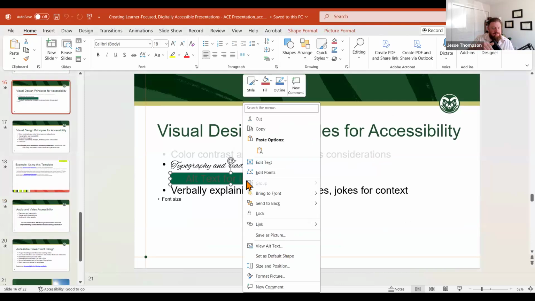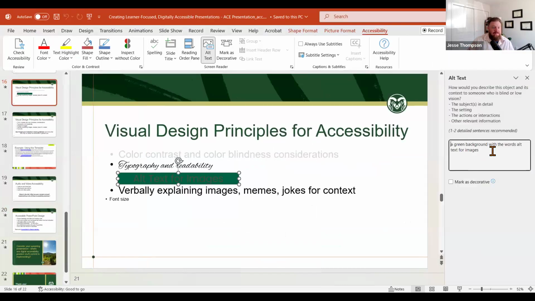So this image here, it's very hard for me to read. So I would need the alt text in this situation, but especially if you do not have sight, if you cannot read any of this on the screen, right? Because you simply can't see it, alt text will show up in a screen reader, right?